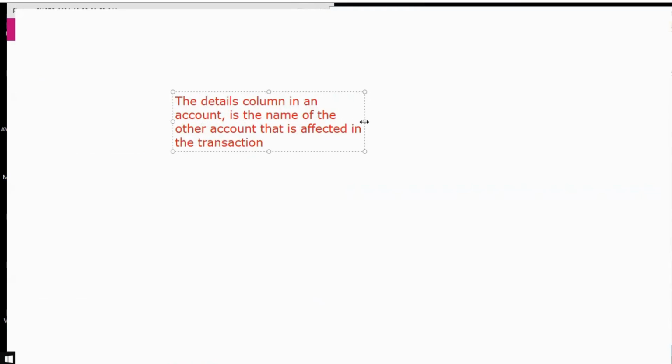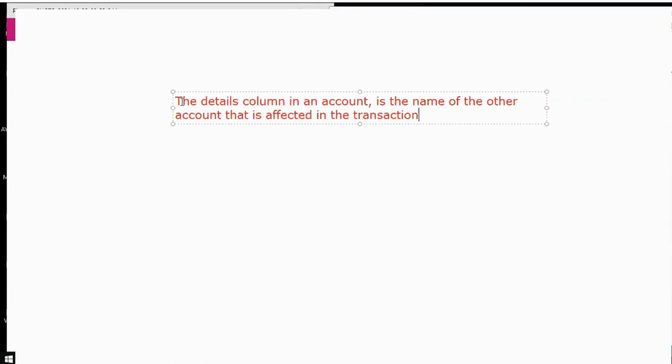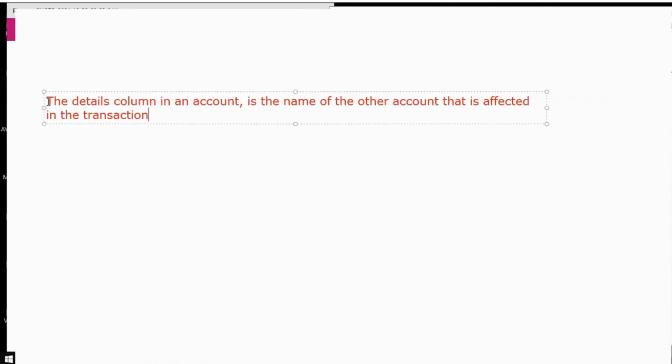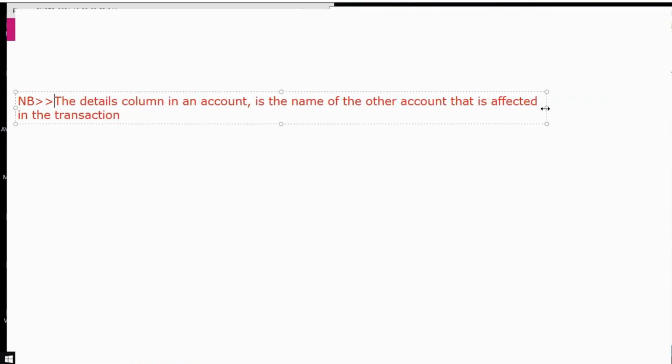Jot that down for me, and write "note" briefly, underline it so you know it's important.